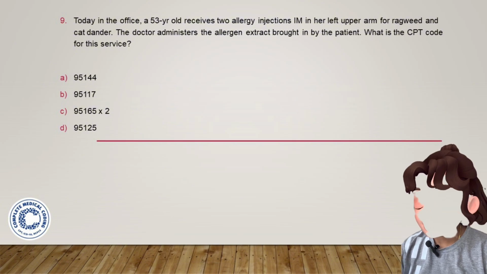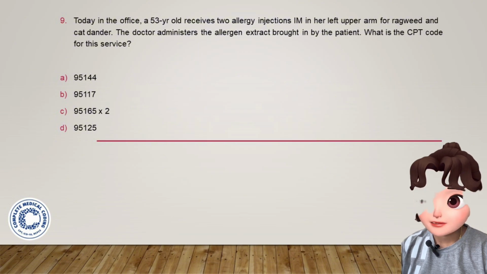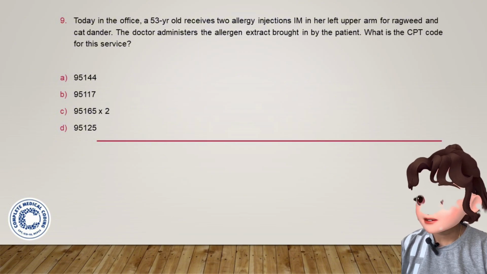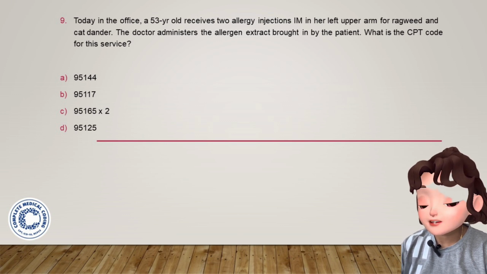95165. What is 95165? Professional services for supervision of preparation and provision of antigens, single or multiple antigens. Here it's not mentioned about injection. What is 95125? 95125 represents professional services for allergen immunotherapy in the office or institution of the prescribing physician or other qualified healthcare professional, including provision of allergenic extract, 2 or more injections.